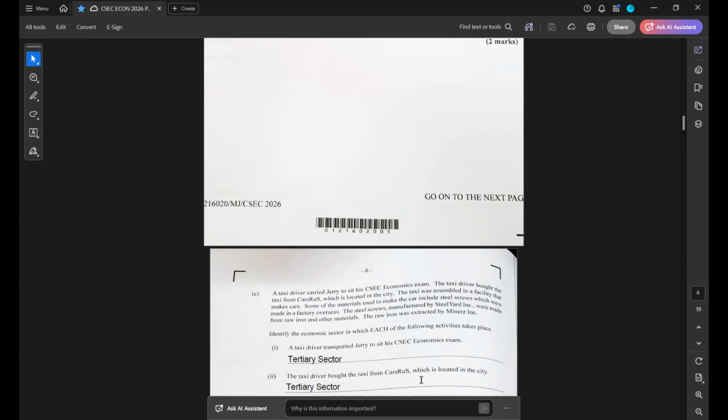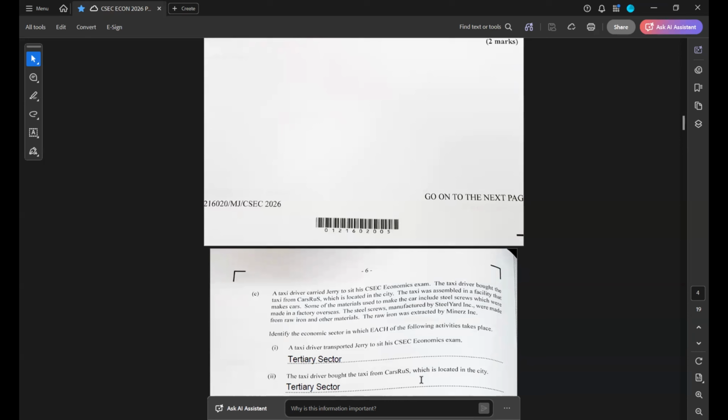The steel screws manufactured by Steel Yard Incorporated were made from raw iron and other material. The raw iron was extracted by Miners Incorporated. Identify the economic sector in which each of the following activities take place.